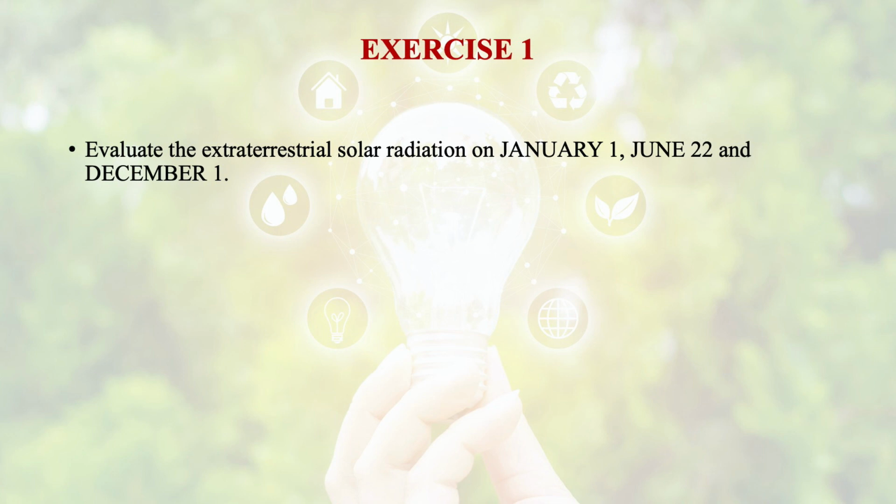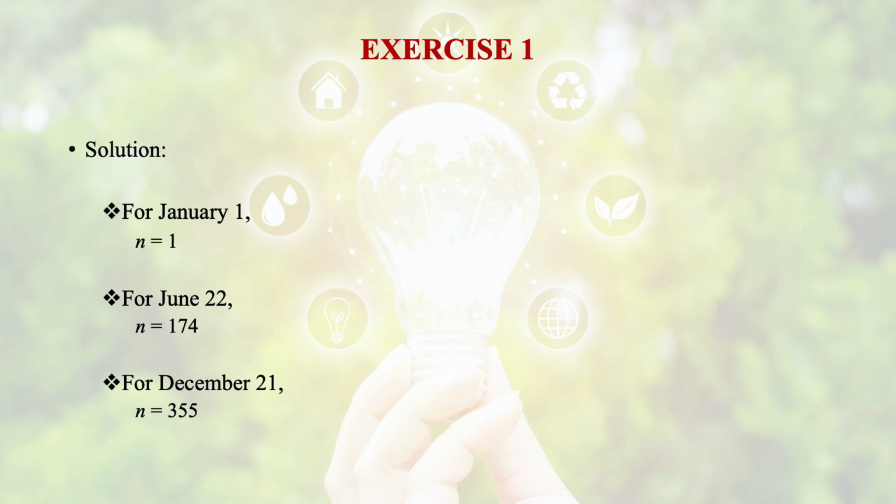Now let us evaluate the extraterrestrial solar radiation on January 1, June 22 and December 21 to see how much values will be different. As we know that for January 1 n is equal to 1, for June 22 n will be, add all the days, then n will come out to be 174.